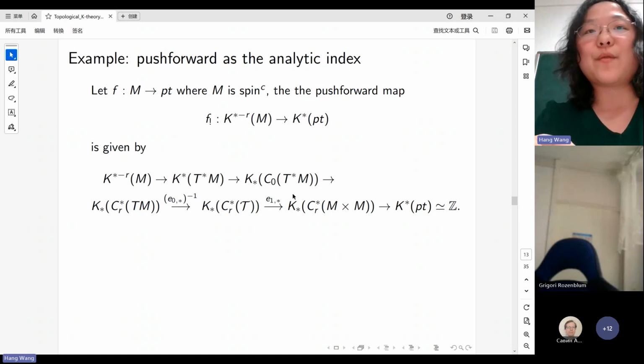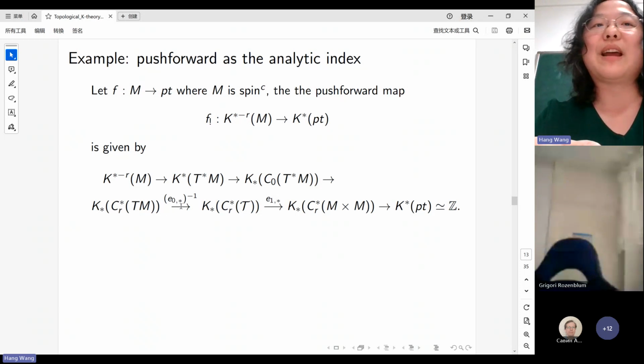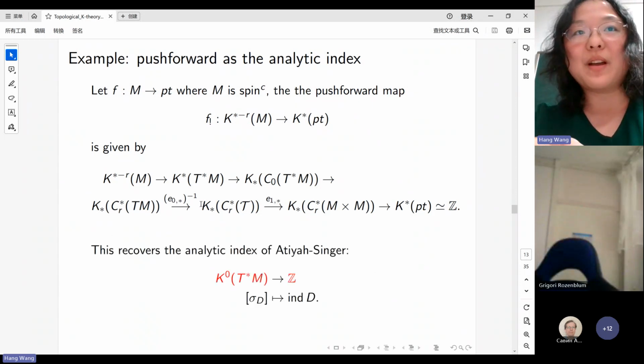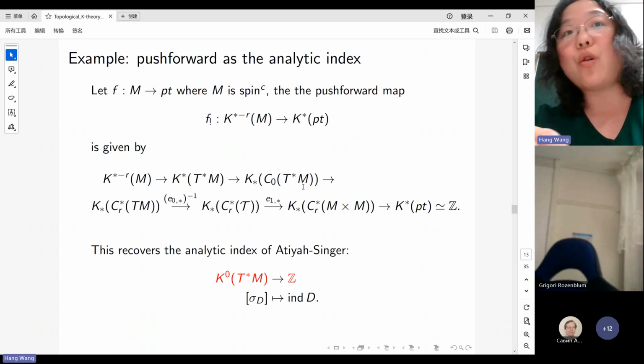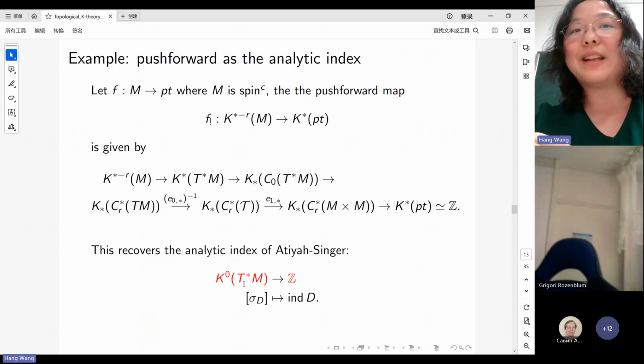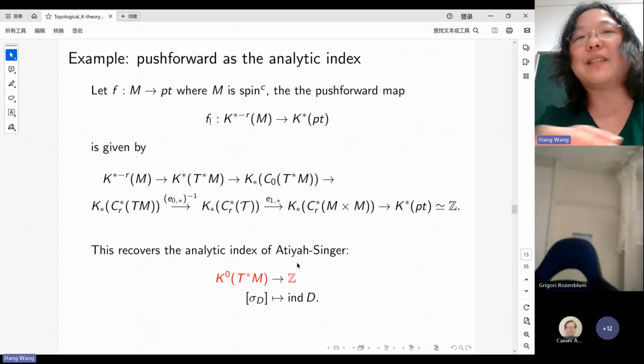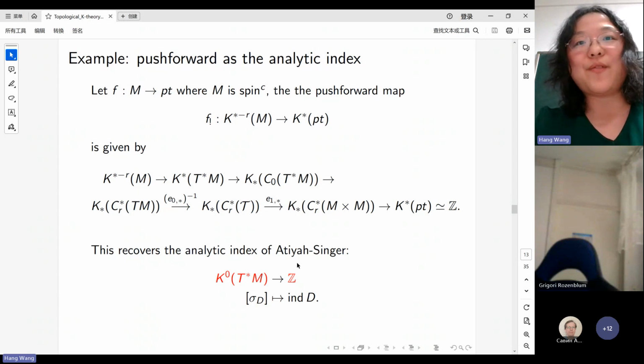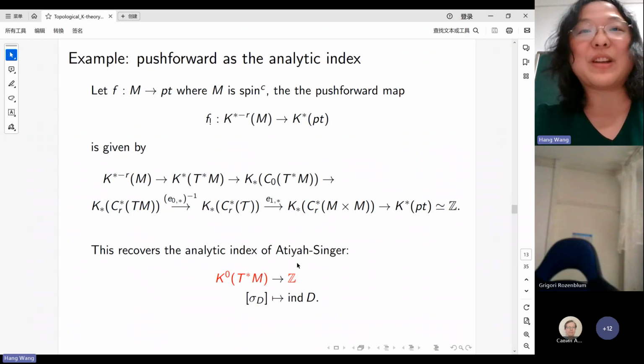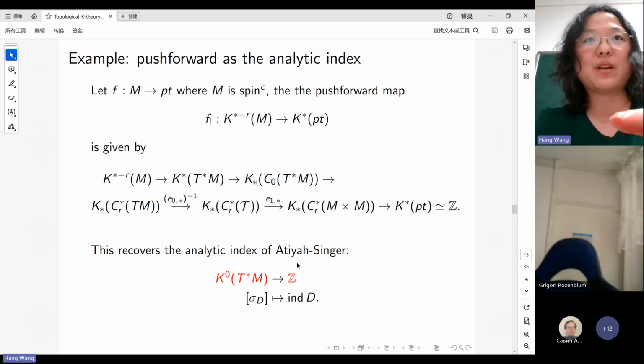And then by a Fourier transform, and then by the inverse of evaluation at 0 followed by evaluation at 1, we obtain a map going from K-theory of the cotangent bundle of M to Z. And that map can be proved to be the analytic index map by Atiyah and Singer. So this is a very famous map in the special case. In general, the push-forward map from M to N can be regarded as some sort of family index map.